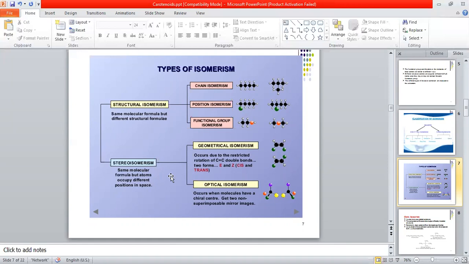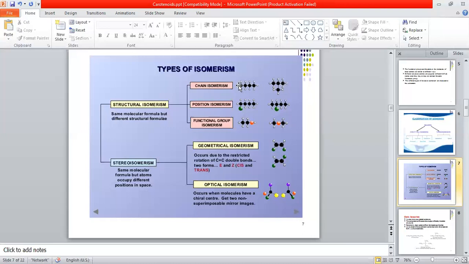Here, as I told you, some books have only three things. So similarly, here they have explained only three things: chain isomerism, position isomerism, and functional group isomerism. In chain isomerism, what will happen? In this example, you will get a small knowledge of these things. Here you can see there are two examples.